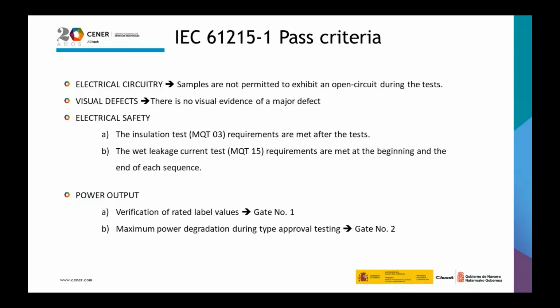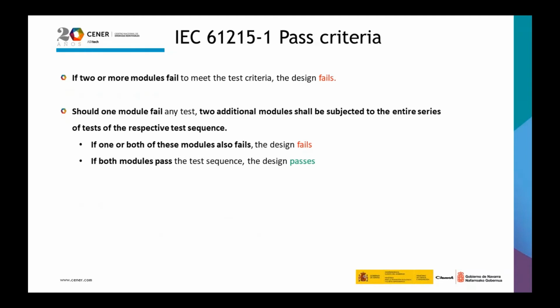Here we have initially a pass criterion for power output. And then at the end of the test, we have another criterion that the modules must fulfill. If two or more modules fail, then the design fails the standard, and it has to be repeated again with some design modifications or whatever.